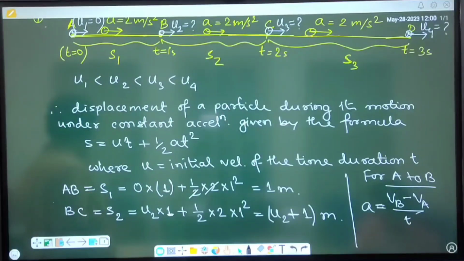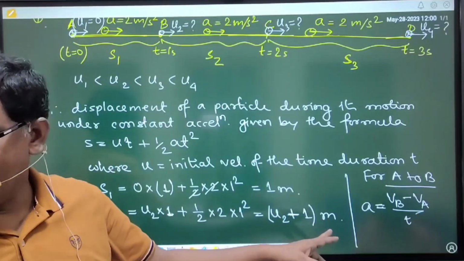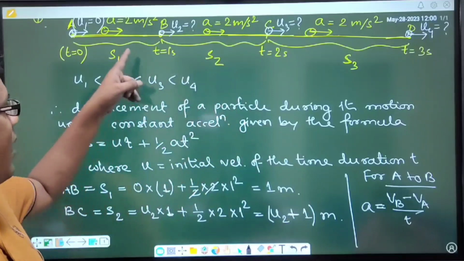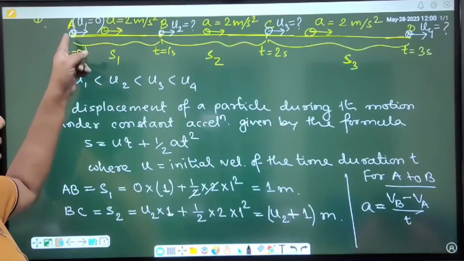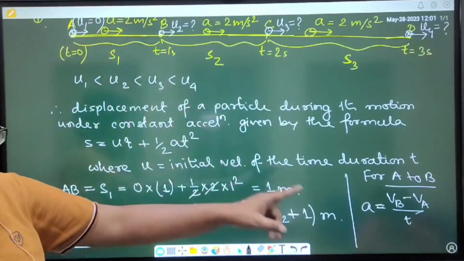We have already used this formula, and there I have shown how to relate the two velocities in an accelerated journey. So an accelerated journey from A to B, where acceleration is constant. Can we relate the velocity at B and velocity at A using the interval with this formula?